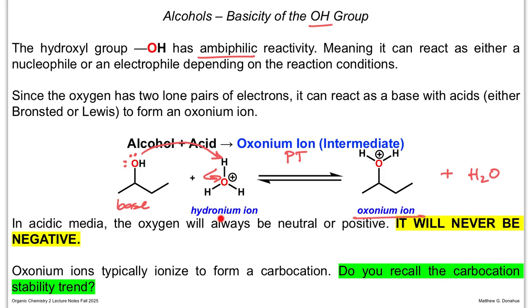So since we're in acidic medium, the oxygen can only be neutral or positive. So notice in here we have not drawn O- anywhere. It's not allowed under an acidic medium. The reason this is called an intermediate is because now we have this OC bond that wants to break or ionize.